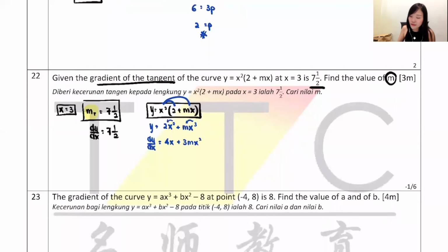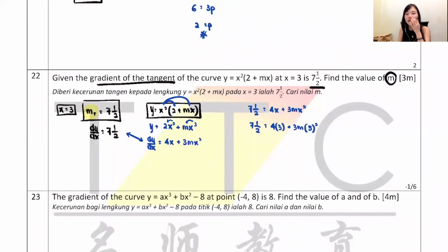This is dy dx, and this one is also dy dx, so these two can be equated to each other. I substitute the dy dx on the left-hand side. To find the m answer, I just need to make the x disappear. You know that when dy dx is 7.5, x is 3, so I can substitute 3 inside.